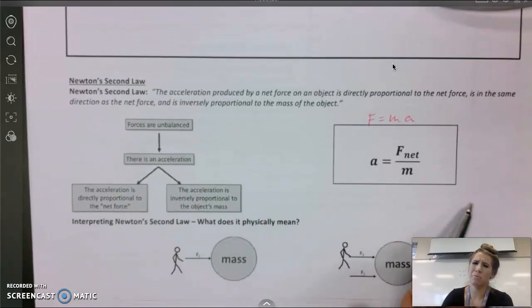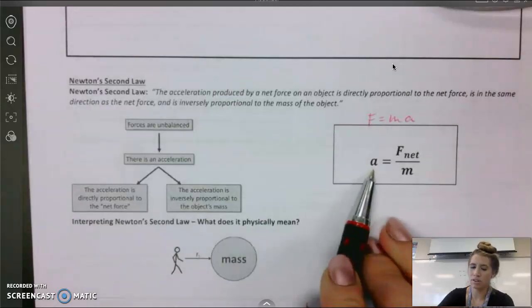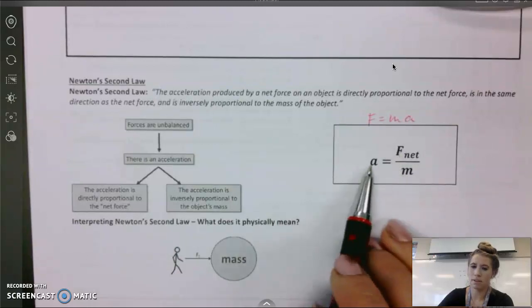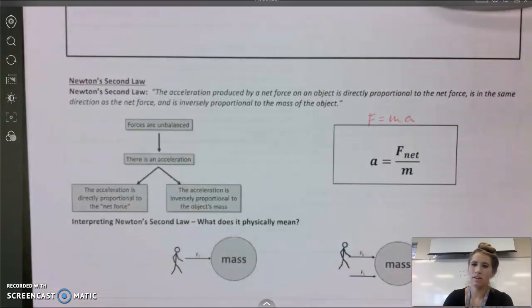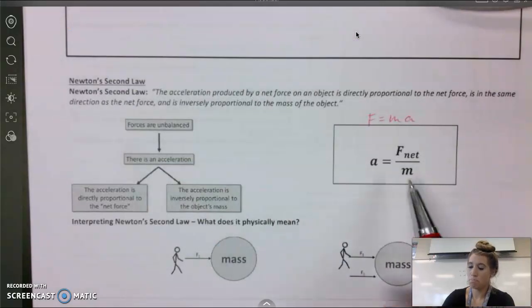Now let's think through what we mean by that. If acceleration is larger and our mass stays the same, then our force is going to get larger because they're proportional. If one goes up, the other one goes up. Okay. Mass is inversely proportional.